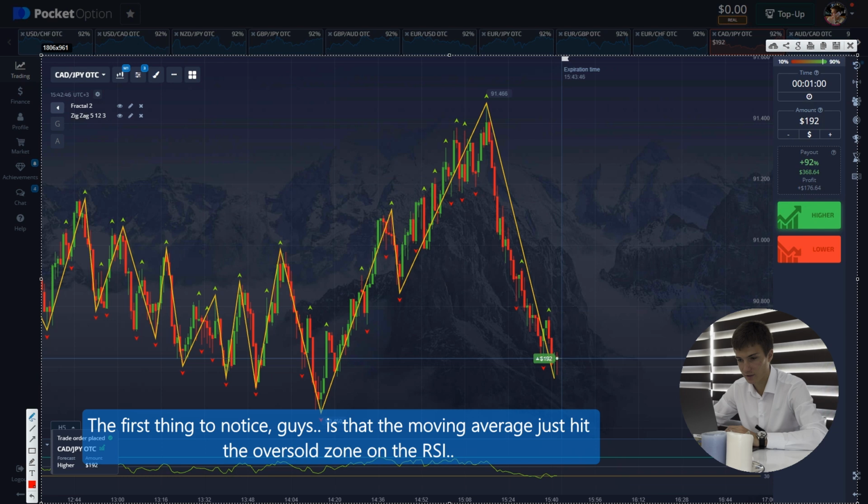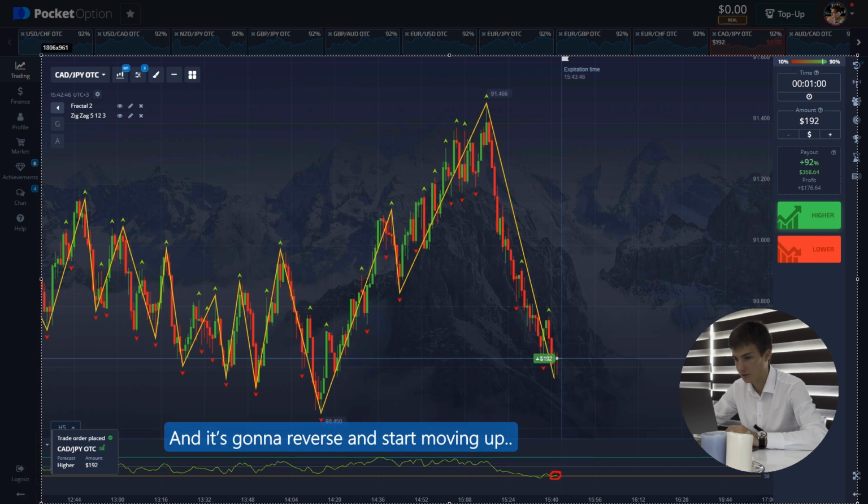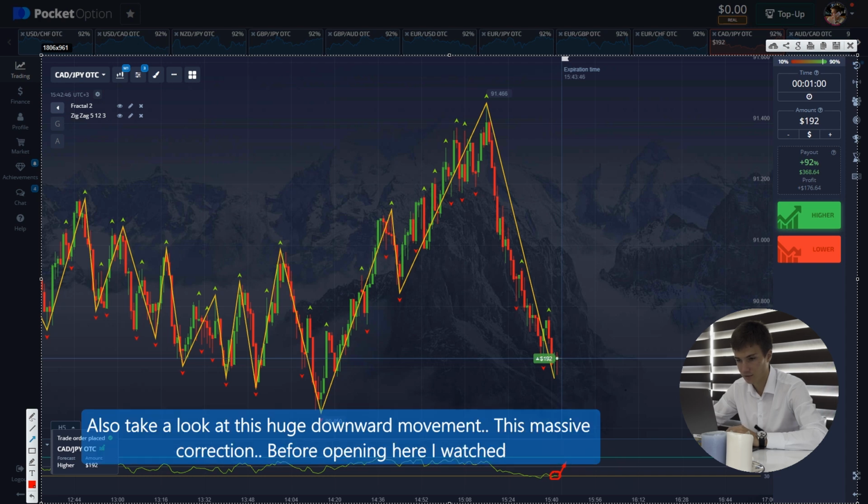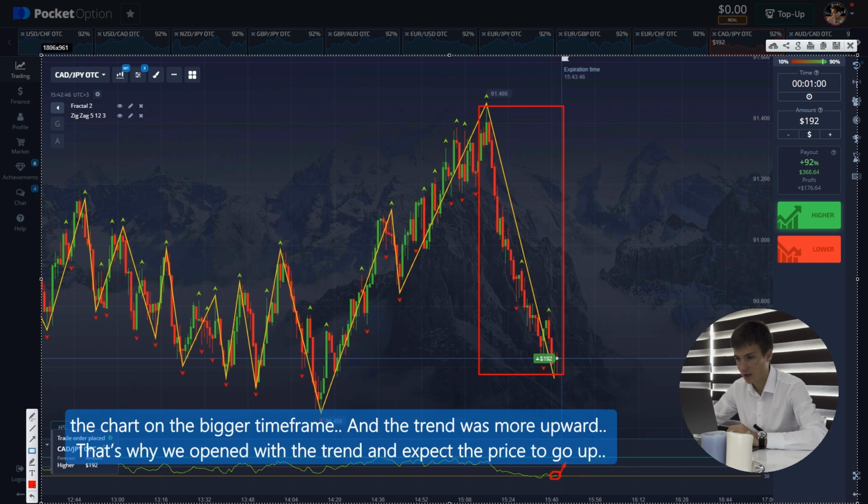The first thing to notice, guys, is that the moving average just hit the oversold zone on the RSI, and it's gonna reverse and start moving up. Also, take a look at this huge downtrend movement, the massive corrections. Before opening, I watched the charts on the bigger time frame, and the trend was more upward.